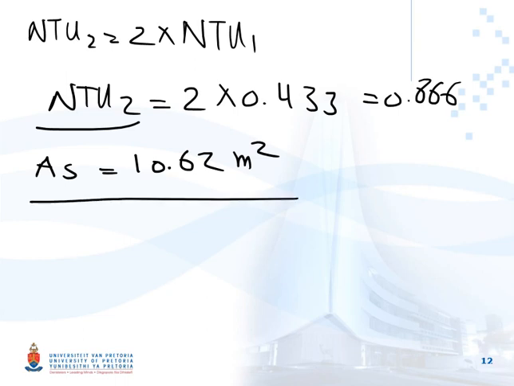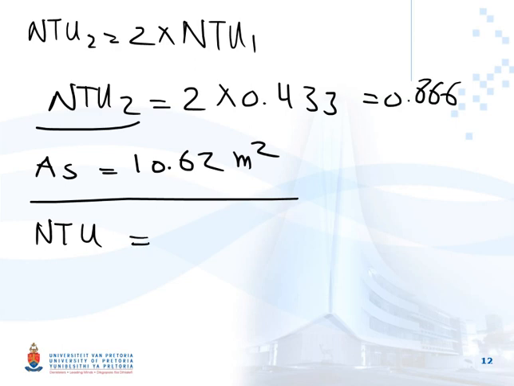Now we have just one configuration left. If we go to table 11.5 with epsilon equal to 0.5, we can find the correlation. I'm not going to say which correlation I used, please go and check it and see if you can get the same result.